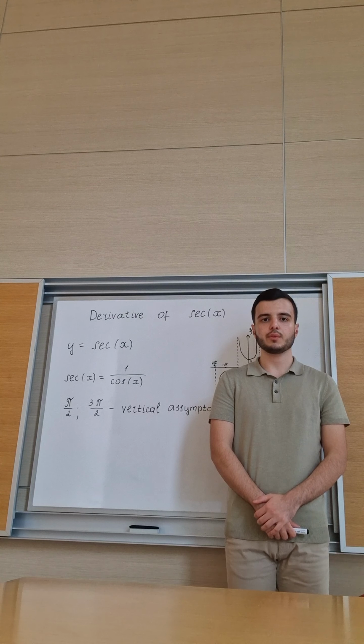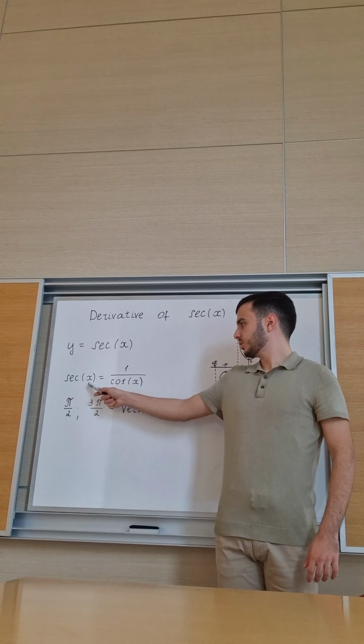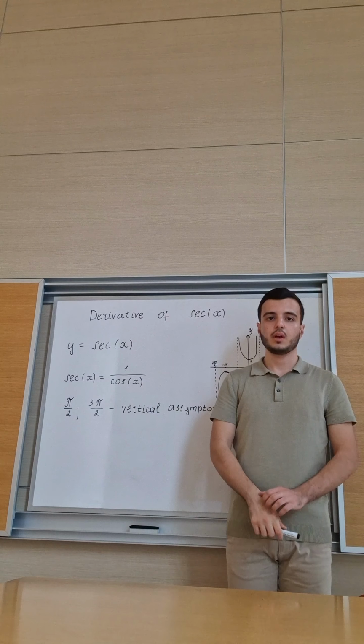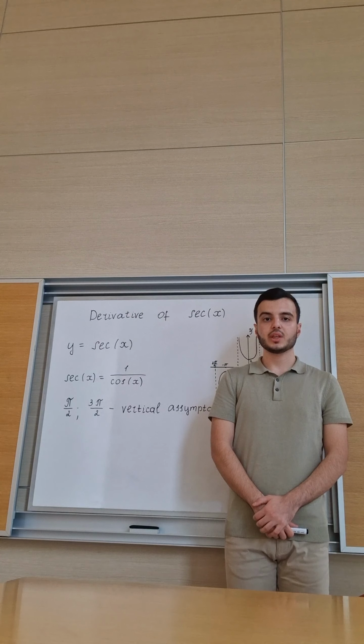Before we dive into derivatives, let's make sure we understand what secant of x actually is. Remember the secant of x as the reciprocal of cosine. Secant of x is equal to 1 over cosine x. This means wherever cosine is 0, secant of x is undefined.